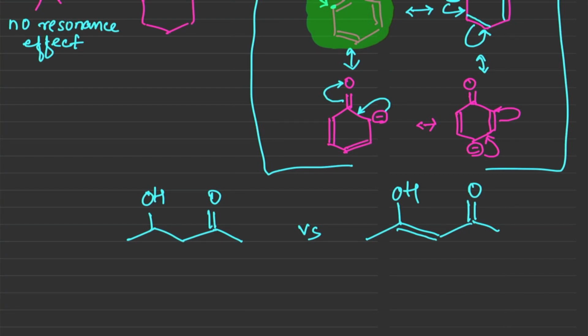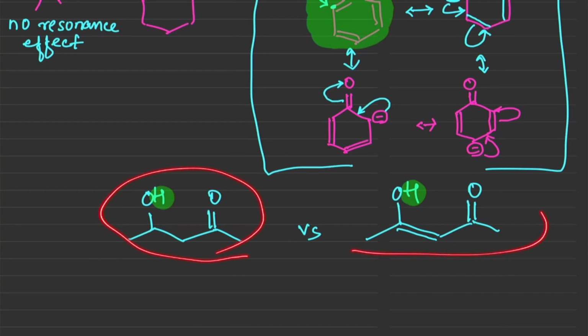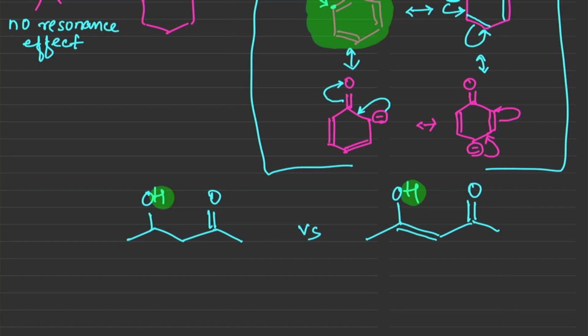Which one of these structures is going to be more acidic? Remember, the acidic proton is this one. This is the acidic proton we are discussing here. So your question is, which one of these would be more acidic? The answer would be in your comments. All right, so let's stop the video here.